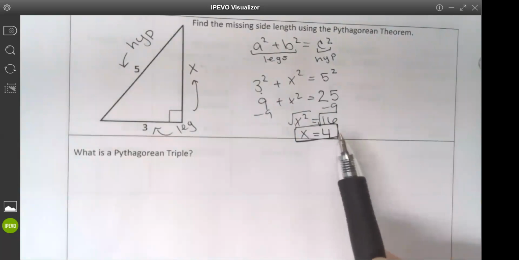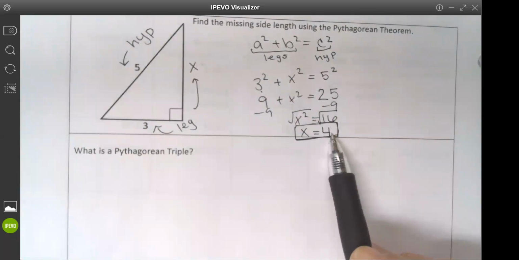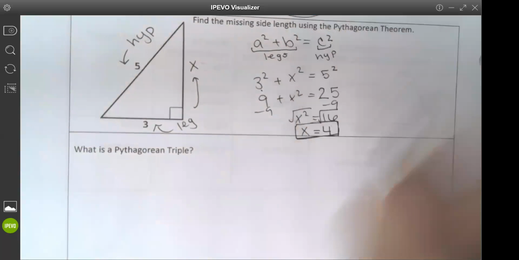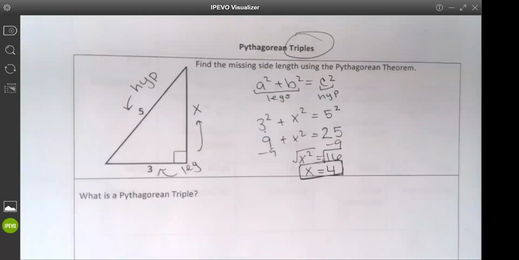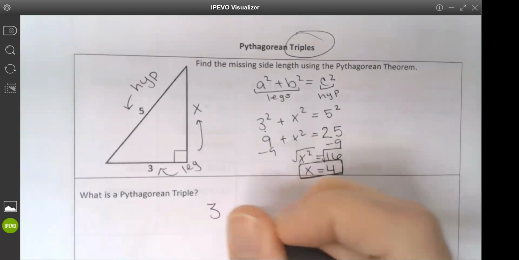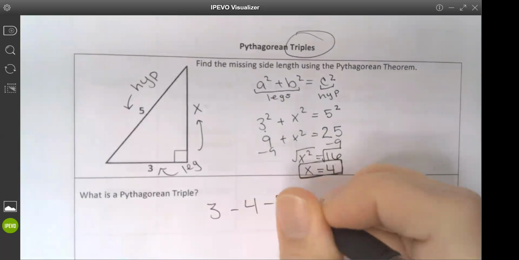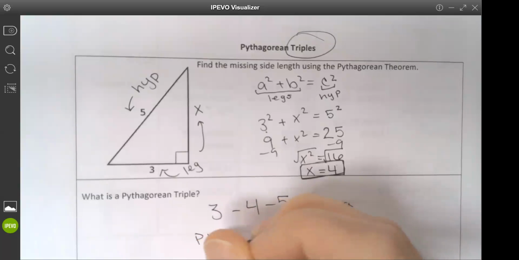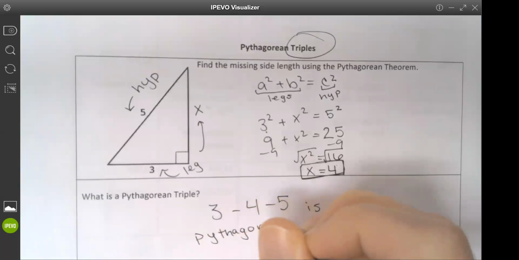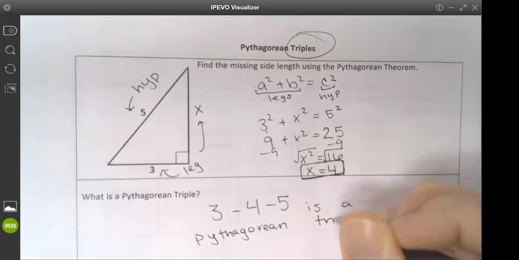What's unique about this triangle is it's what's called a Pythagorean triple. Okay, we're looking at Pythagorean triples. 3, 4, 5 is a Pythagorean triple.